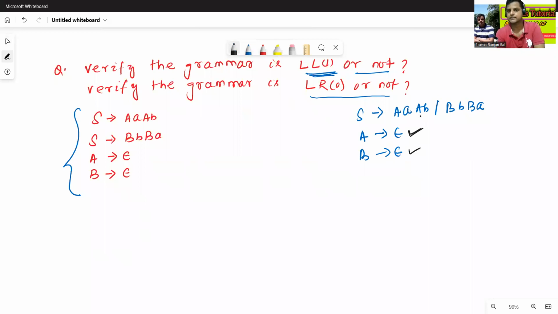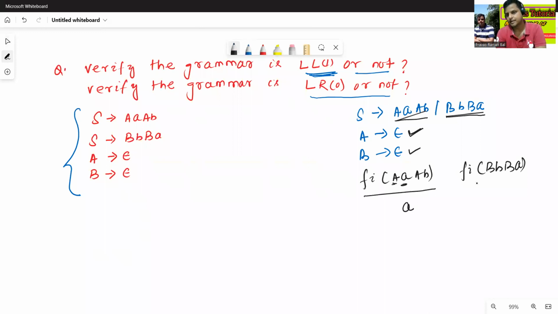S has two productions. Since S has two productions, now we'll find first of this one and first of this one. First of AB and first of BA. First of AB: first of A is epsilon, then we go to the next, B. And first of BA is B. Wait, first of AB is B and first of BA is A, so A intersection B equals phi.